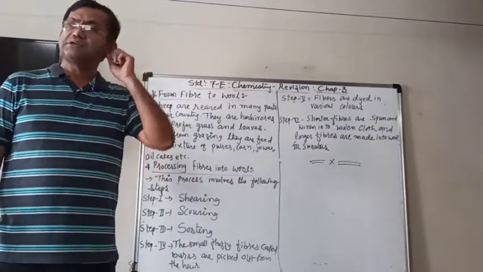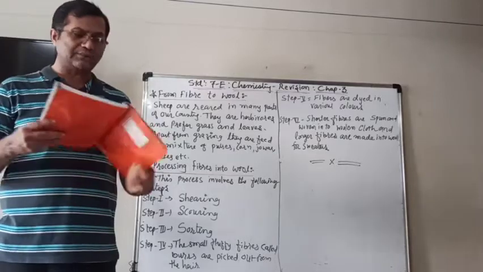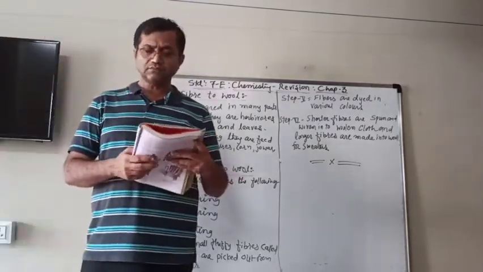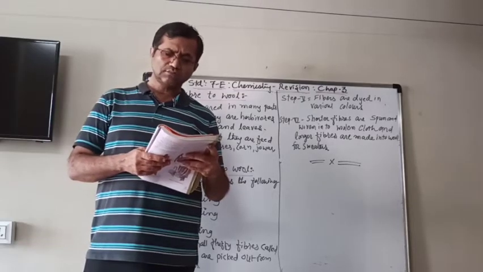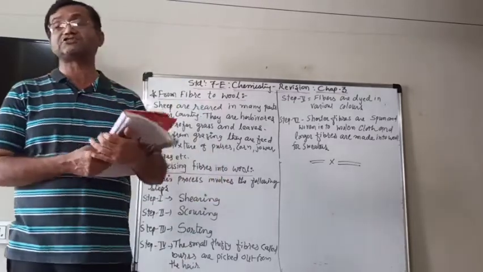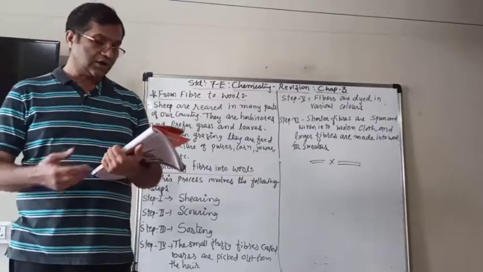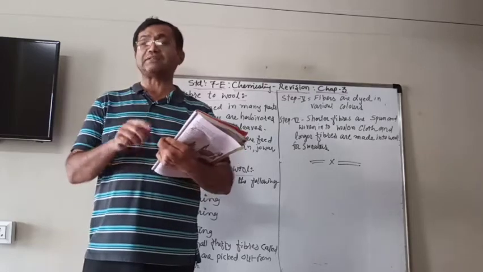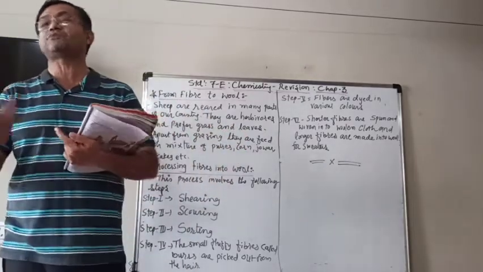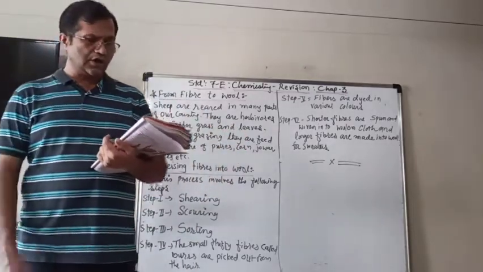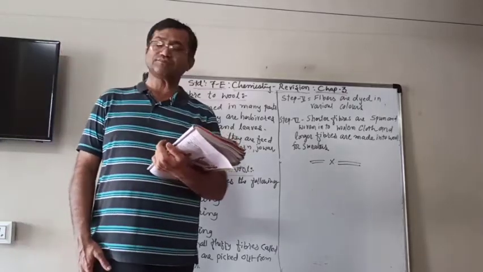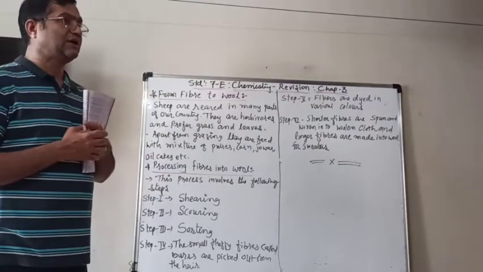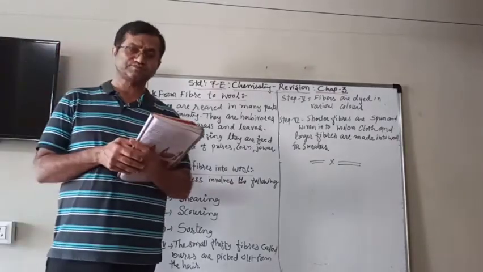So we will learn its steps one by one, how they do it, and then the wool that we use to make shawls, sweaters, and others. They also knit sweaters themselves from the wool. So there is a long process, and we will learn the steps involved in this whole process.